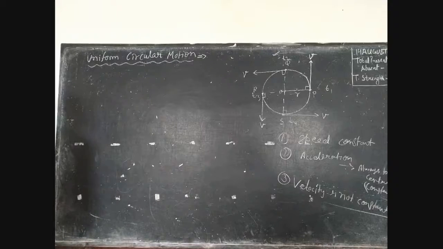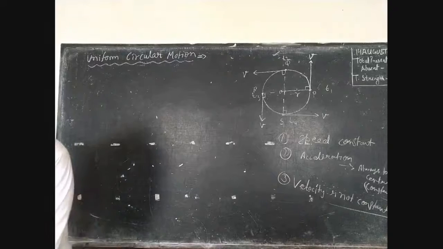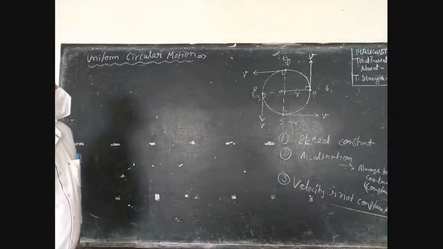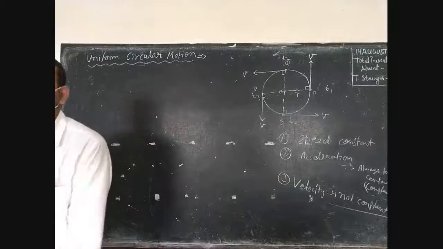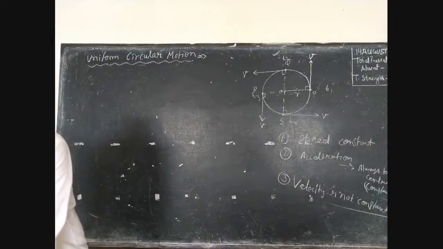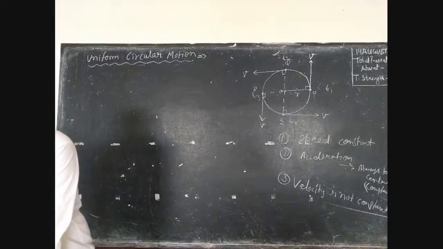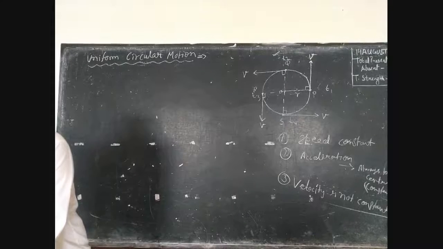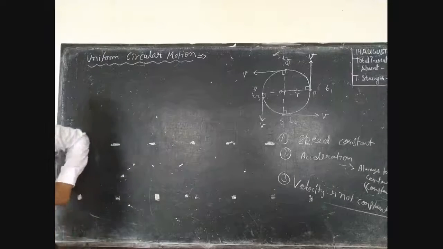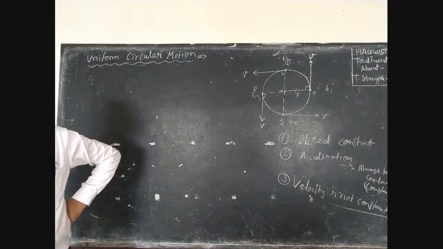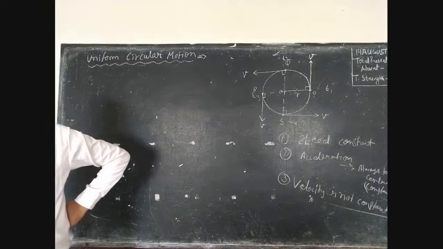Now first write uniform circular motion. When a particle is moving on a circular path with a constant speed, then the motion of the particle is said to be uniform circular motion.